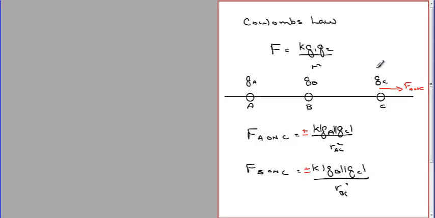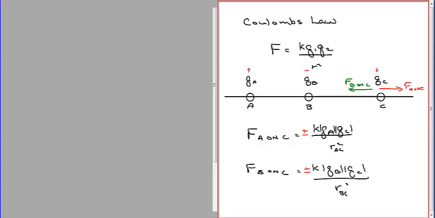Let's assume this one's positive, this one's positive, and this one's negative. So these two, they're the same sign, so they're repulsion. So that pushes it that way. And then compare these two, you've got negative and positive, so there's an attractive force. So this would be the force of B on C. So that would be a negative result.